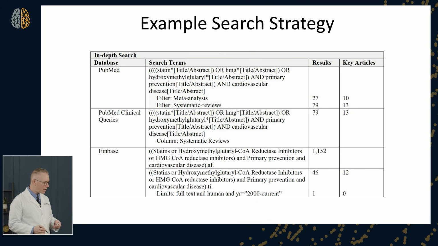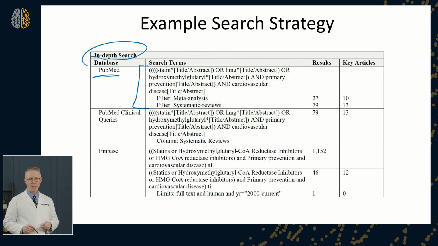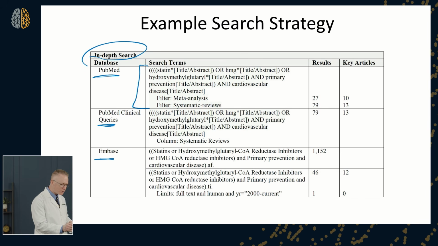Okay, so now we did a more in-depth search with PubMed using a very extensive, again, programmed sort of search strategy using that builder. We even did it on PubMed clinical queries and Embase. But look at the results. Very different.